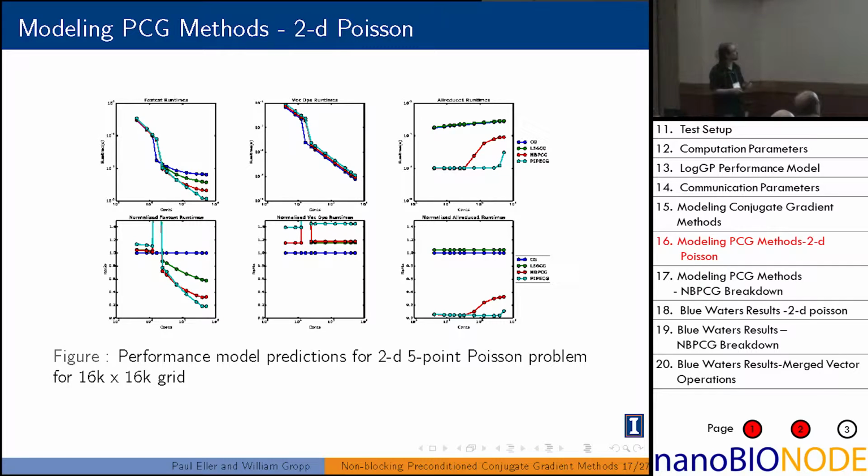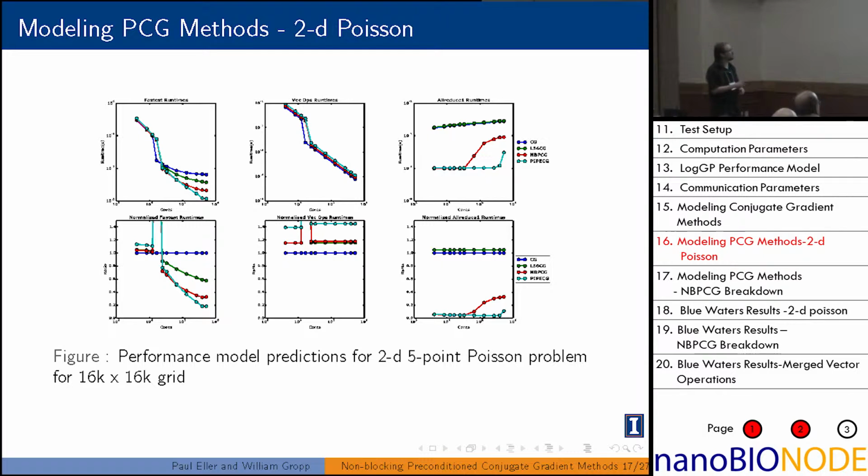On lower core counts, it's different, but for larger core counts, we see that these methods are predicted to outperform the standard PCG method. And also I should note, you see a jump here. Basically, the model predicts that PCG will fit into L2 cache, while the other methods will not. So it performs a bit better for that particular core count.